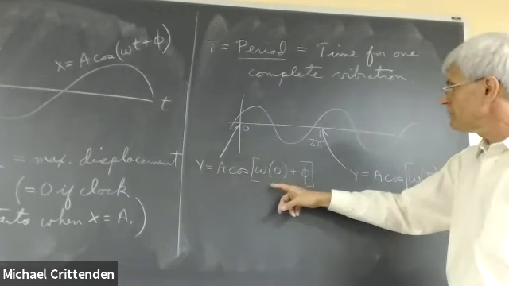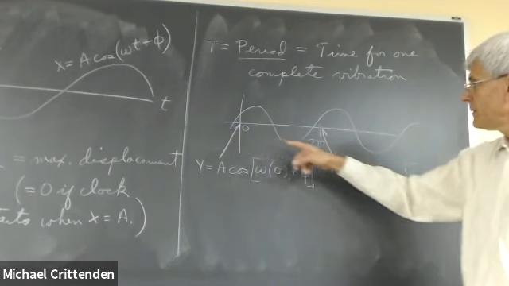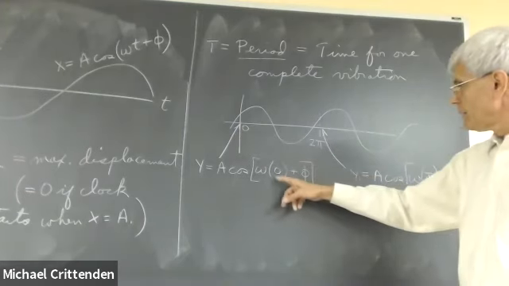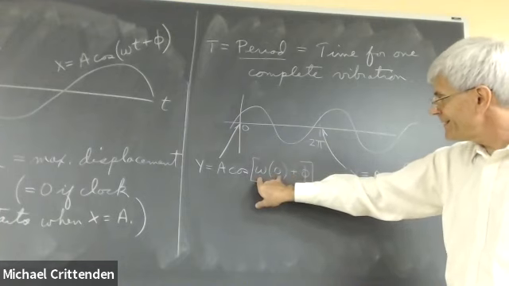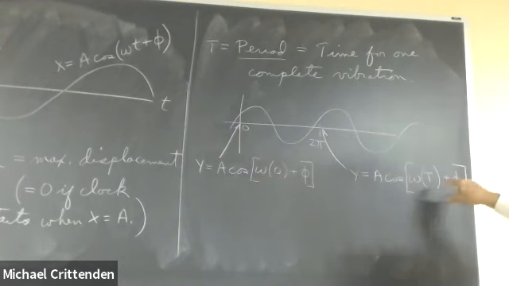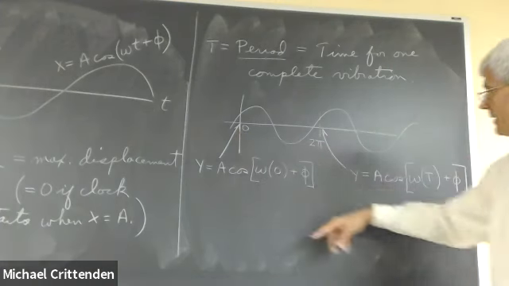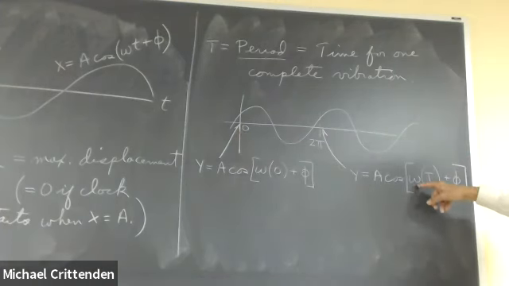Well, the thing to notice is that between here and here, the rest of the thing stays the same, but omega t goes from 0 over here to omega times the period.